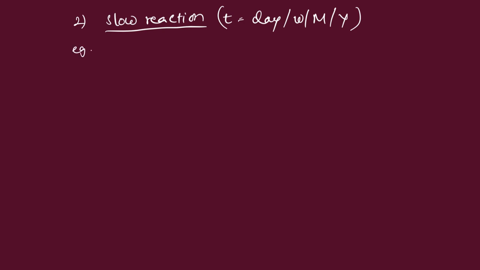Example for this one, rusting of iron, that is called corrosion. Corrosion is one example of a slow reaction.